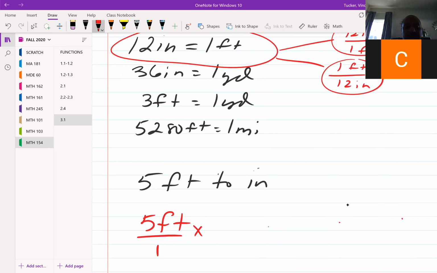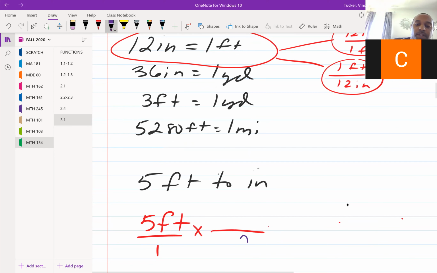If I have 5 feet, I'll write that as 5 feet over 1, setting it up as a fraction. If I have feet up top, in other words I'm starting off with feet, then I need feet down bottom. It goes back to your fractional work, wherein a number over the same number will cancel out.